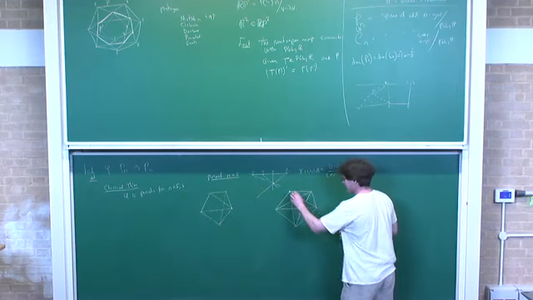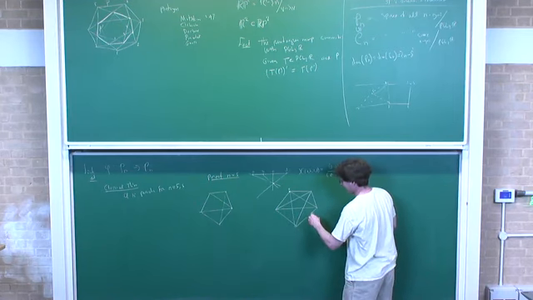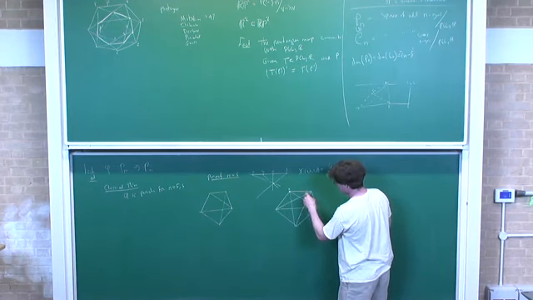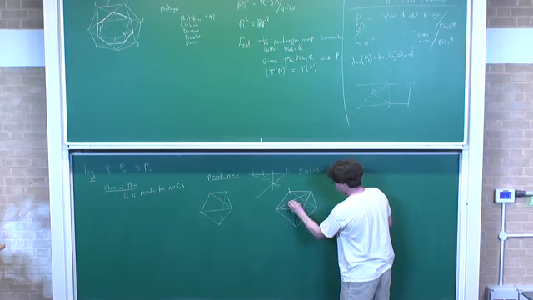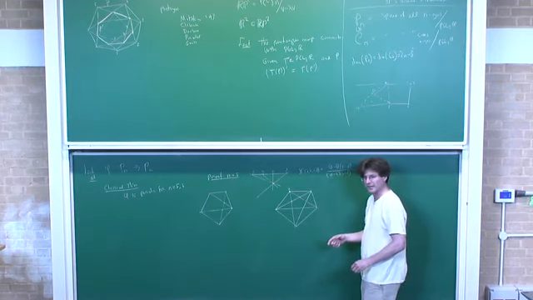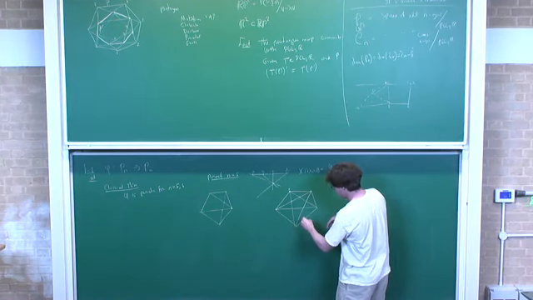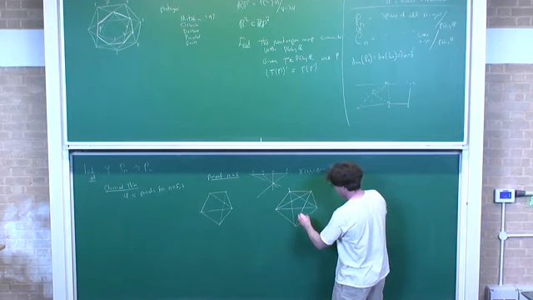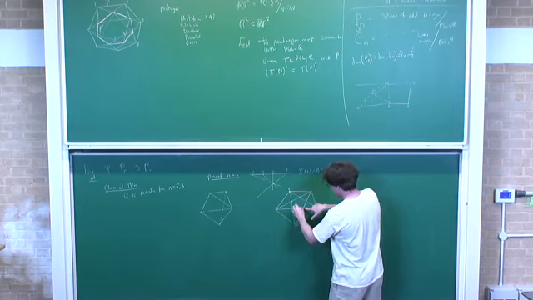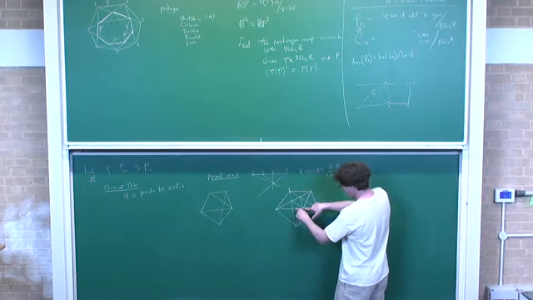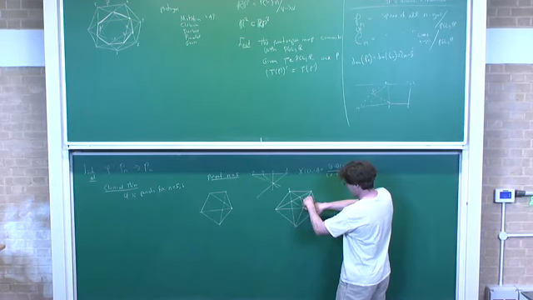Anyway, so let's look at this cross ratio. Let's call it X. It's the cross ratio of these 4 points, but it's also the cross ratio of this line, this line, this line, and this line.